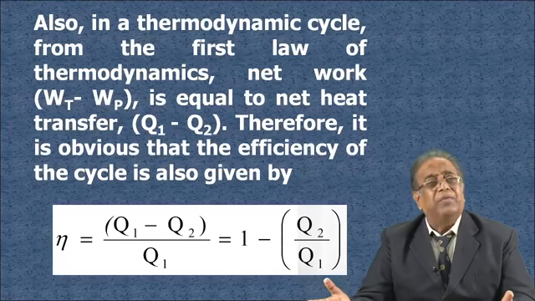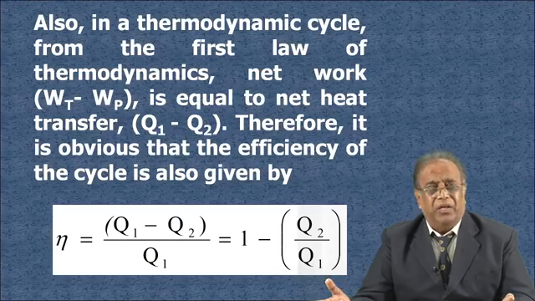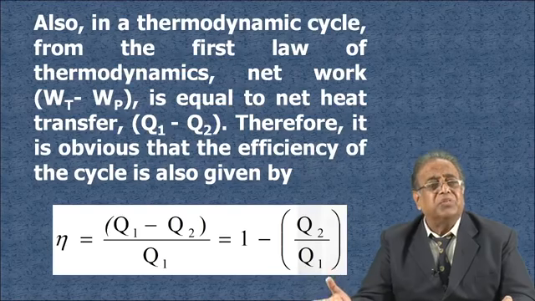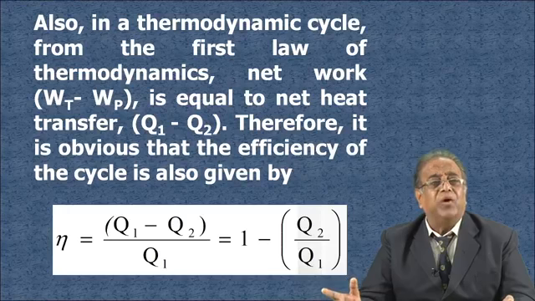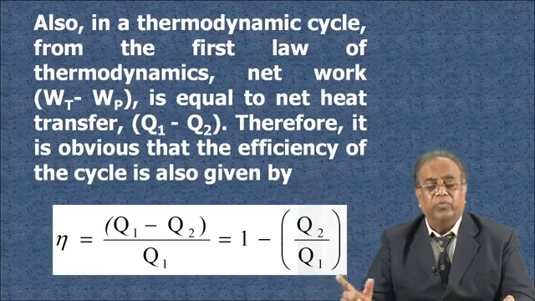Therefore, it is obvious that the efficiency of the cycle is also given by eta is equal to (Q1 minus Q2) whole divided by Q1, which is equal to 1 minus Q2 divided by Q1. Here we have just substituted the value of WT minus WP equal to Q1 minus Q2.